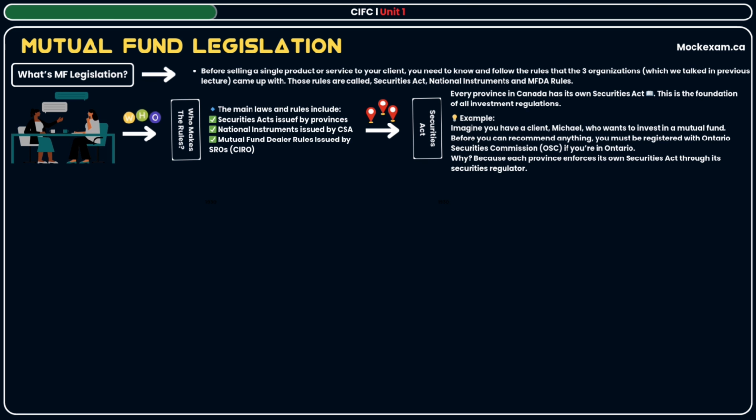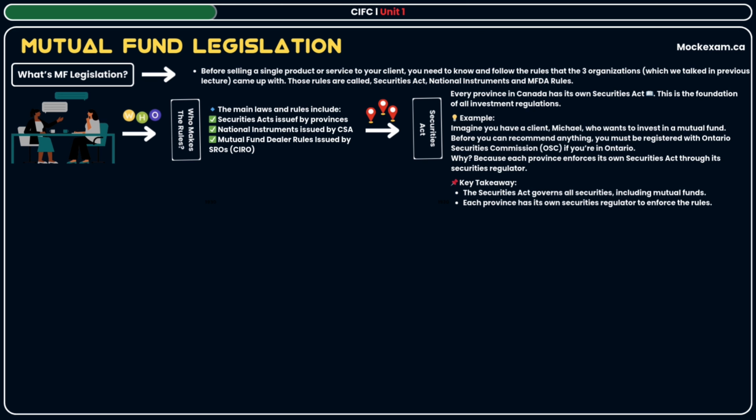Now, before you can recommend anything to Michael, you must be registered with, let's say you're from Ontario, the Ontario Securities Commission or OSC. Okay. Why do you need to register? Because each province enforces its own Securities Act through its securities regulator.